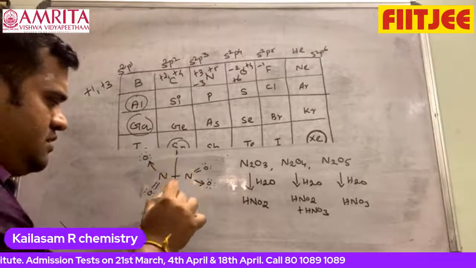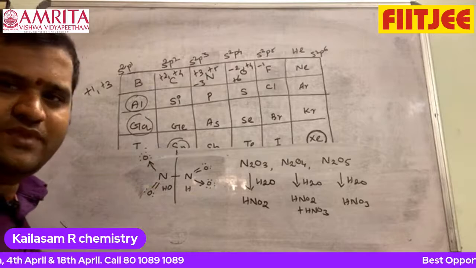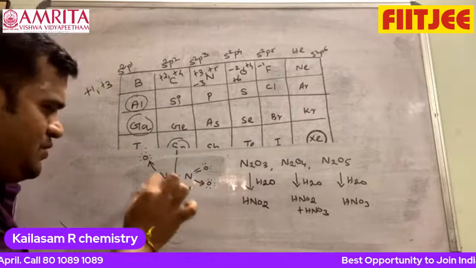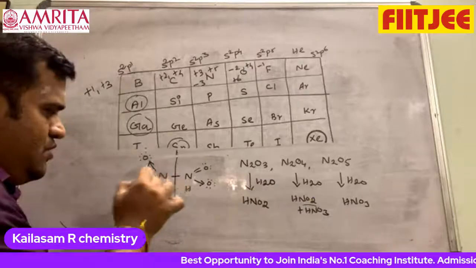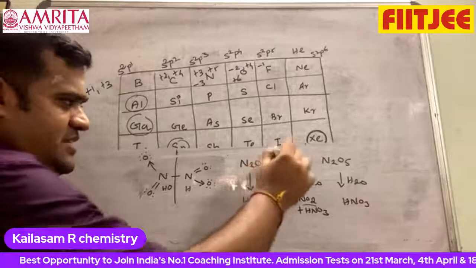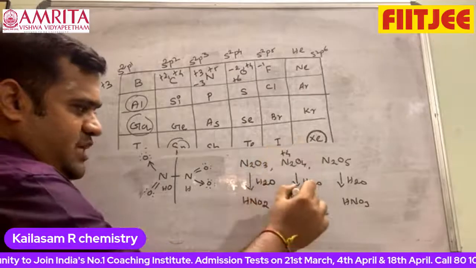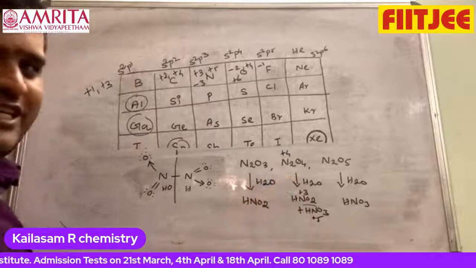Here H, here OH. H and OH. That means HNO2 and HNO3. I got it. Therefore, this reaction is called a disproportionation reaction. Why? This is plus 4 state. Plus 4 becomes plus 3 state and plus 5 state. This is an example of a disproportionation reaction.